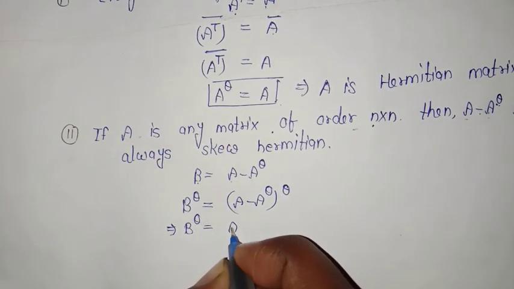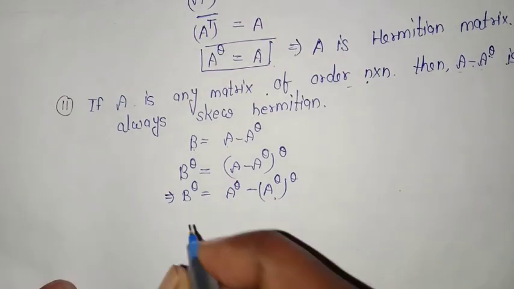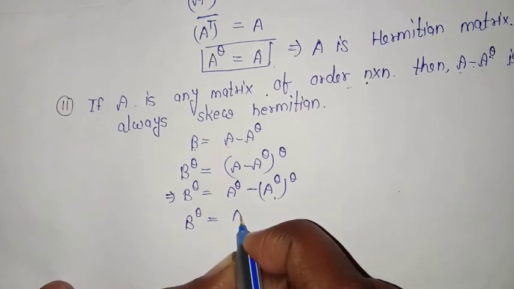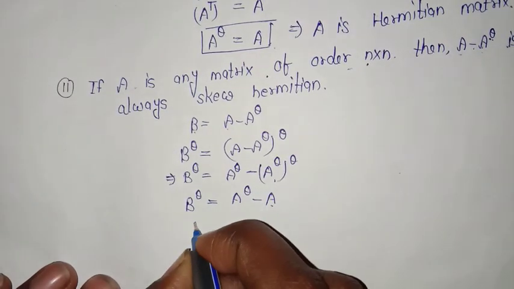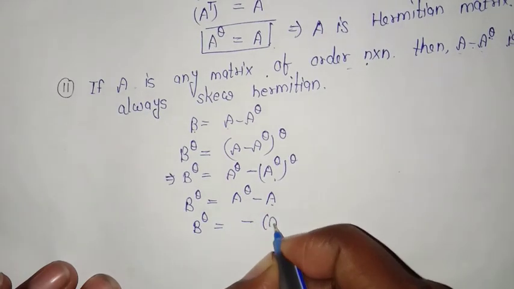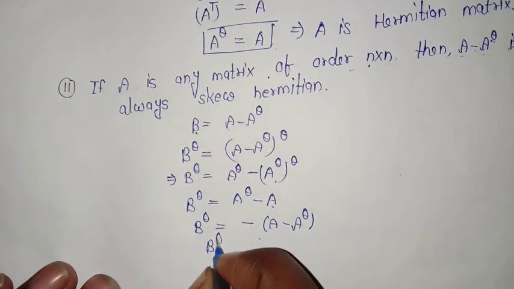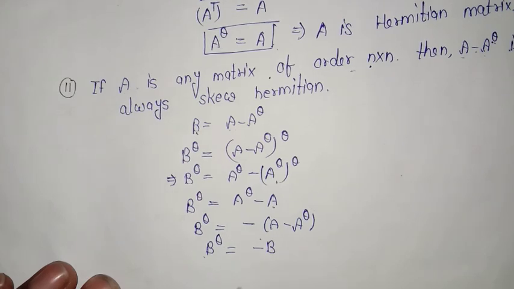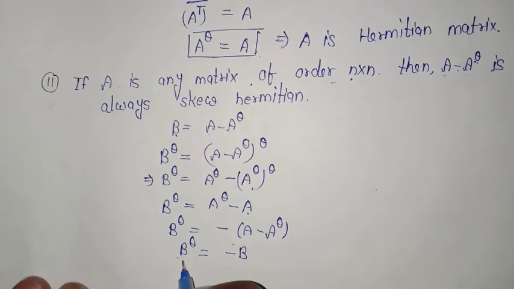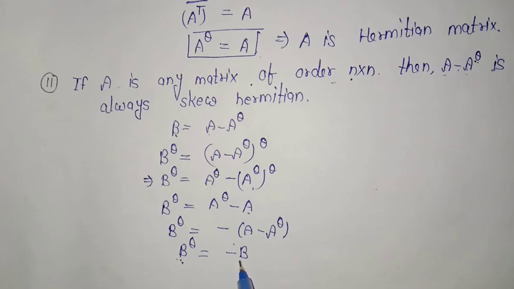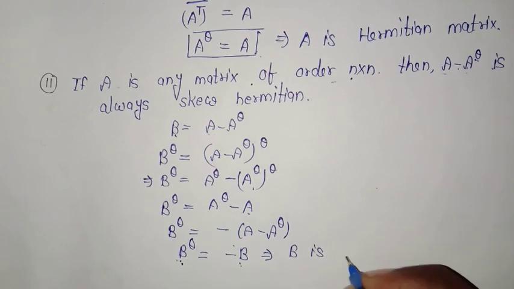So this can be written as A, and if I take minus common outside, this can be expressed as A minus conjugated transpose of A, and this is equal to B. So from here we get that conjugated transpose of B is equal to minus B, and this is the definition of skew Hermitian matrix: if the conjugated transpose of a matrix becomes equal to its negative, then we say that B is skew Hermitian.